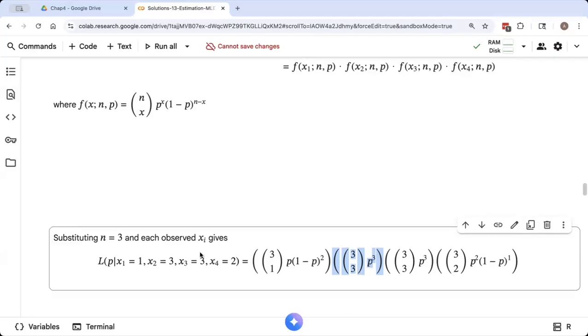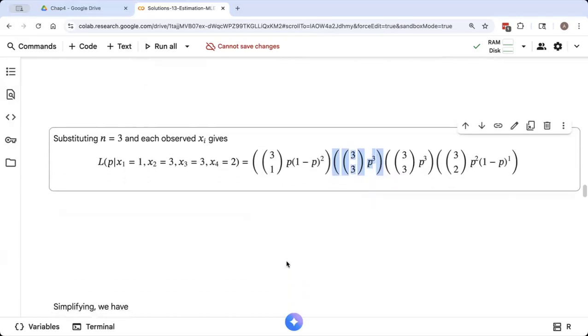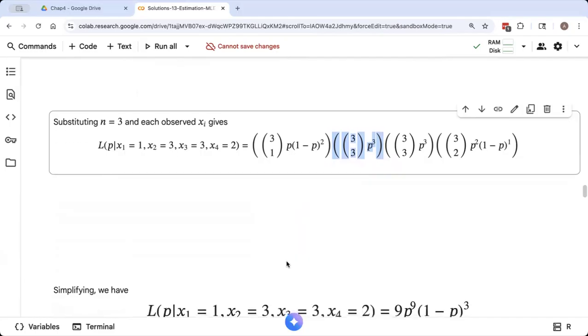What would be the probability of observing the sample that we just found, based on the population proportion p? What the maximum likelihood estimate is going to do for us is estimate p with the value that maximizes this likelihood function. Before we go on to the maximize step, let's simplify this a little bit.